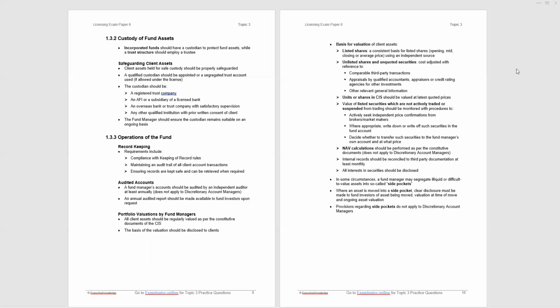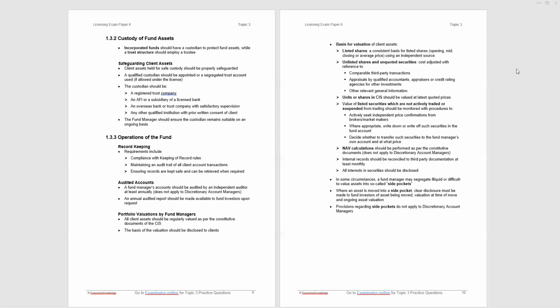Units of shares, collective investment should be valued at latest quoted prices. Value of list securities which are not actively traded or suspended from trading should be monitored. Actively seek independent price confirmations where appropriate, write down or write off the securities in the fund account. Decide whether to transfer securities to fund manager's own account and at what price.